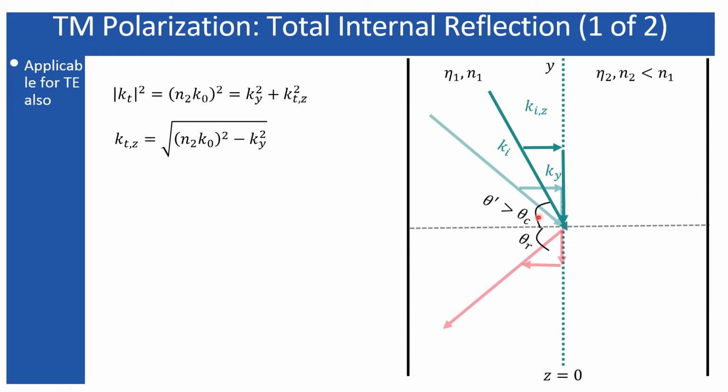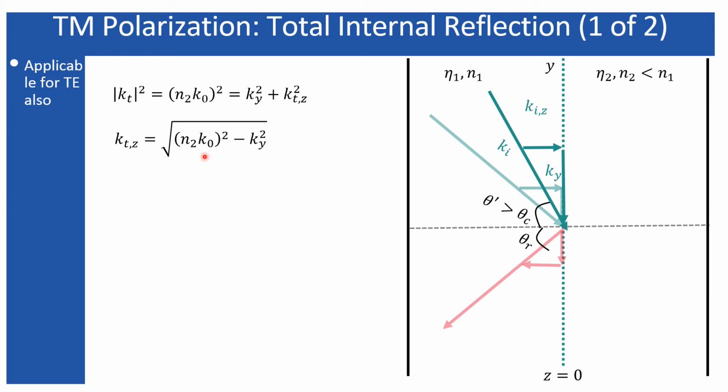In my last slide, I have assumed that the direction of the incident wave is changed and the new direction maintains an angle theta c, the critical angle, with the surface normal. Due to that critical angle, the transmitted wave follows the path parallel to the interface, along the negative y direction, that is along this. We have seen already. Now let's see what will happen if you apply this condition.